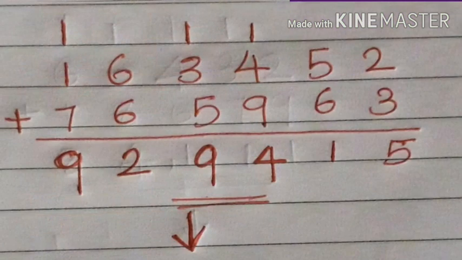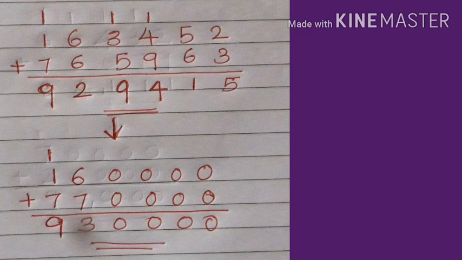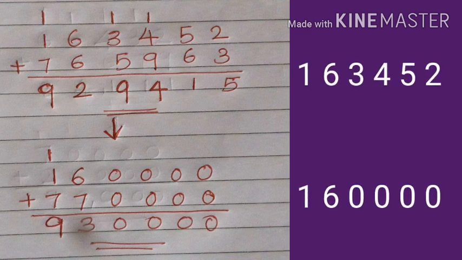Second problem, add 1,63,452 and 7,65,963. Add these two numbers, we get 9,29,415. Then we have to find out the estimated sum. So rounding the numbers in the 10,000s place.